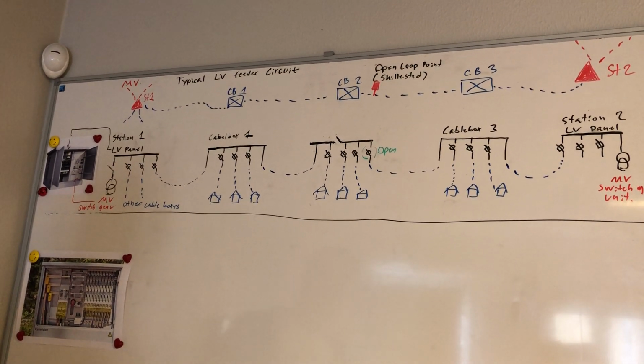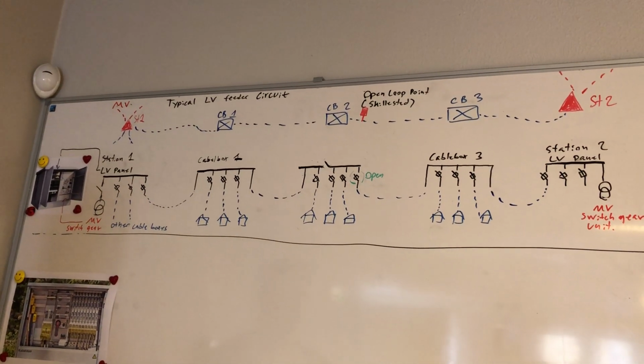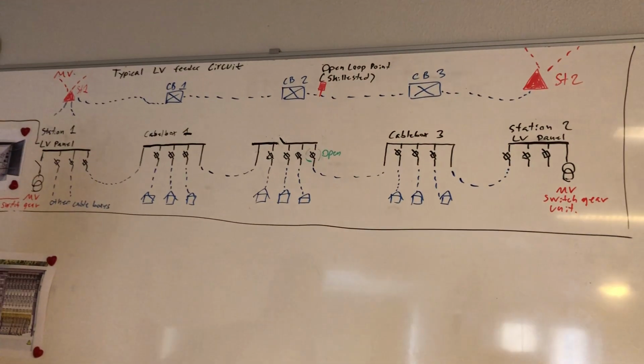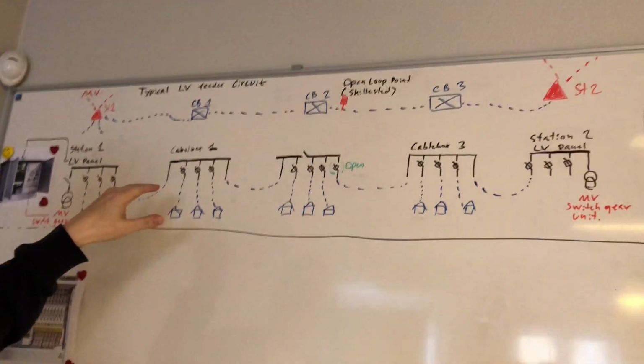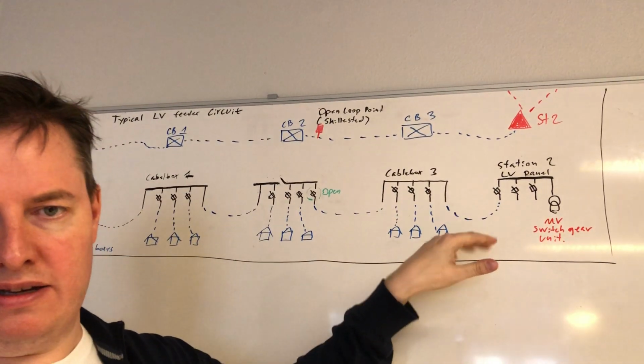I'm just telling you this because in something like 95% of the cases, this is how it works and how it looks. And the complexity inside the cable boxes and substation will be something like this.